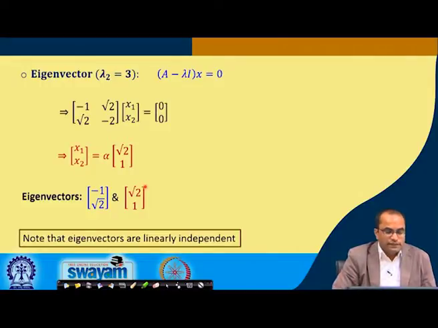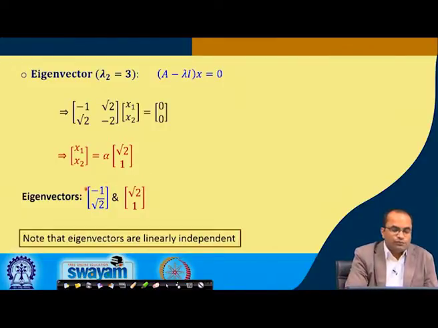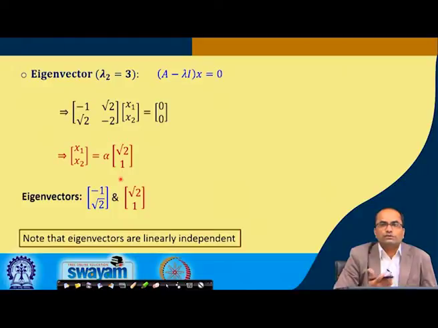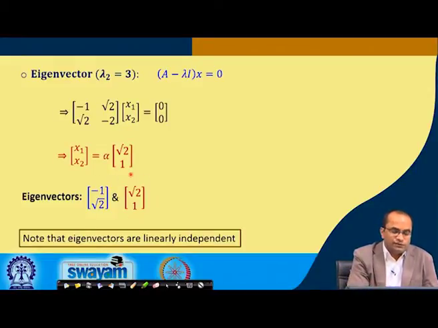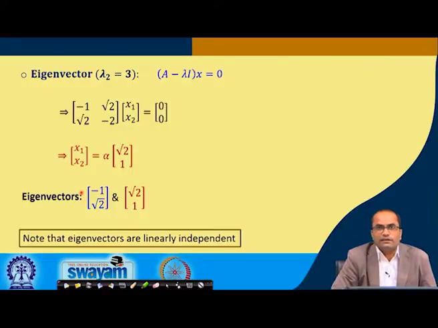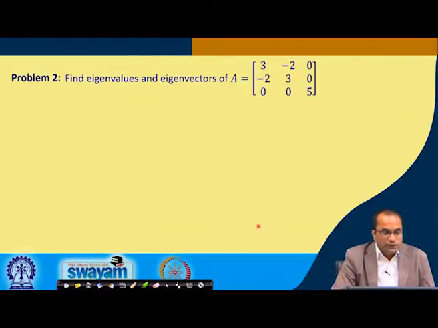Again we can note that these eigenvectors are linearly independent, and as I said in the previous lecture, we will also prove formally this result: the eigenvectors corresponding to distinct eigenvalues are always linearly independent. So, we can check here also that these two vectors are linearly independent.